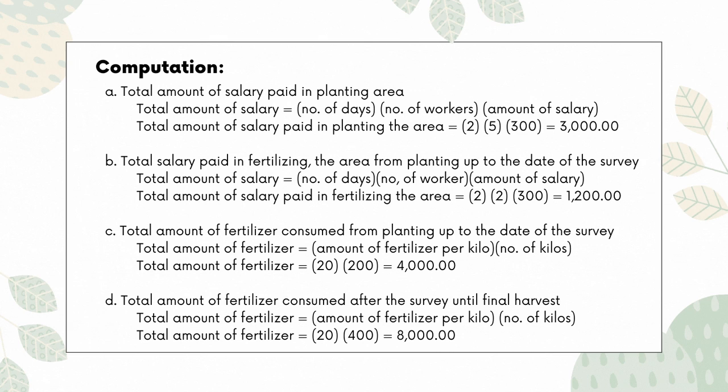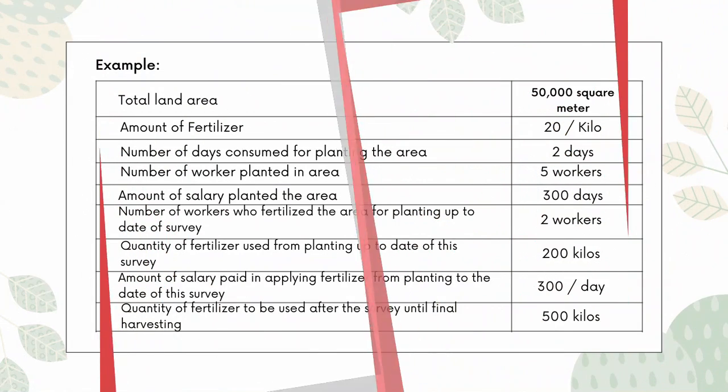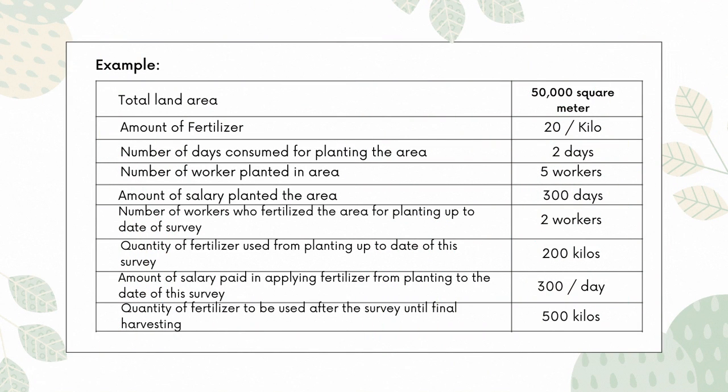Letter D, total amount of fertilizer consumed after the survey until final harvest. Total amount of fertilizer is equal to the amount of fertilizer per kilo times number of kilos. In numbers, 20 times 400 is equal to 8,000. Here are the data of the said numbers. Please study.